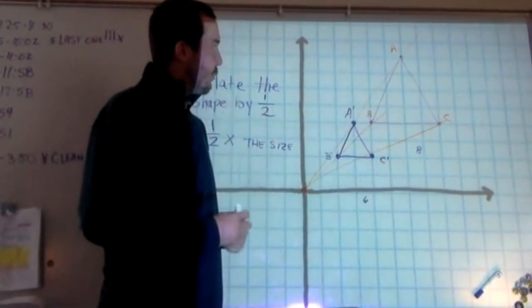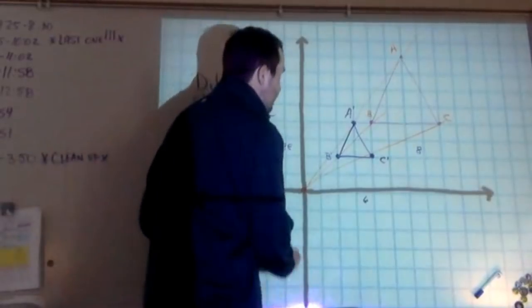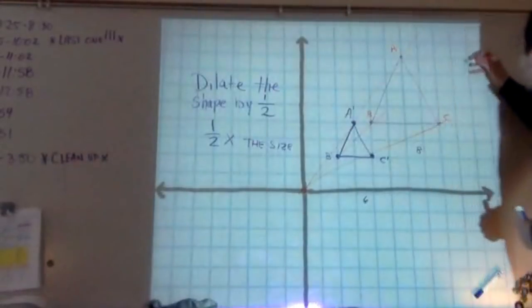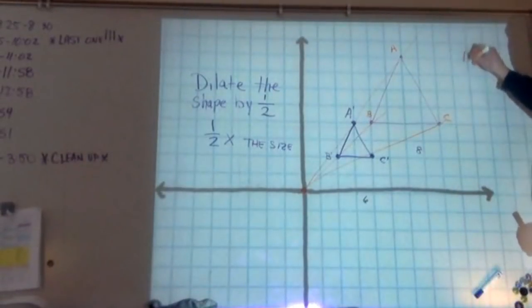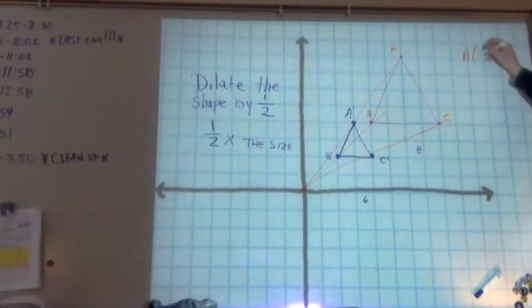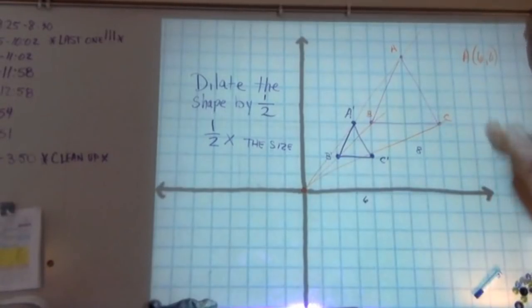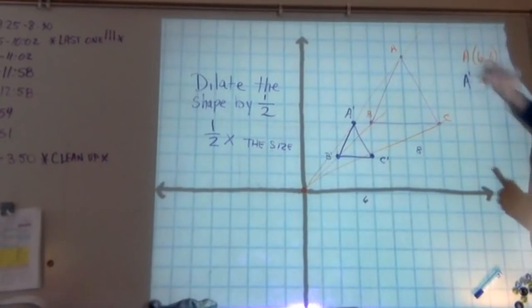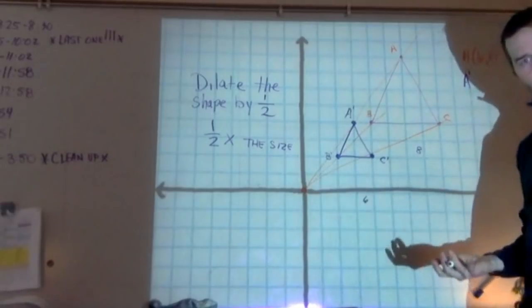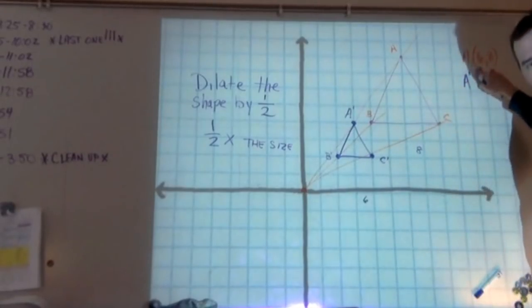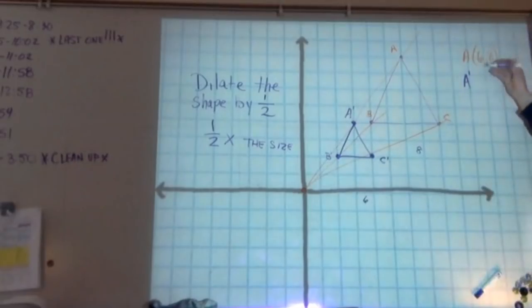One other thing I want to show you that's really interesting is point A here was at 6, 8. Well, to get to point A prime, what you can do is just take this coordinate, cut it in half. Half of 6 is 3 and half of 8 is 4.